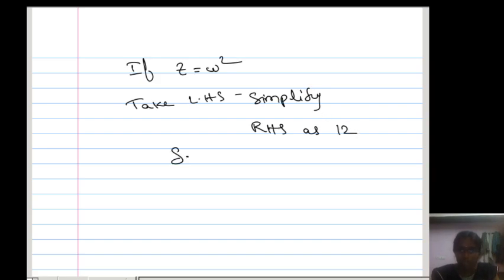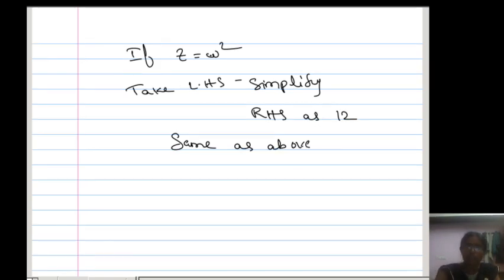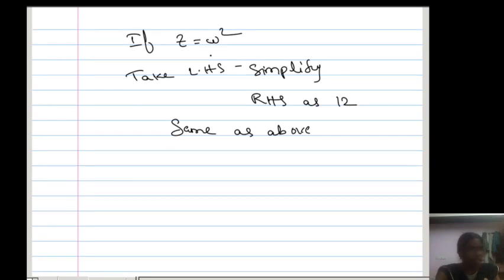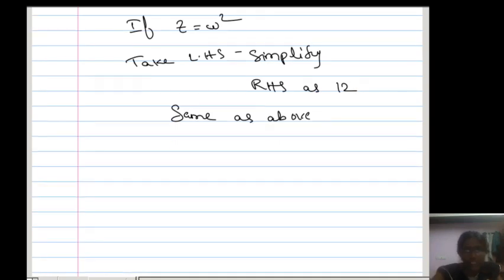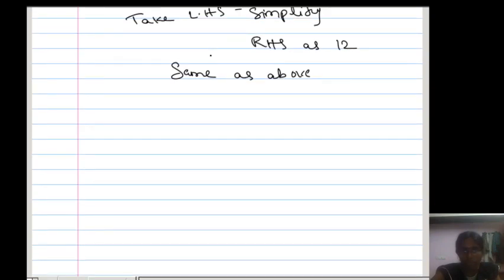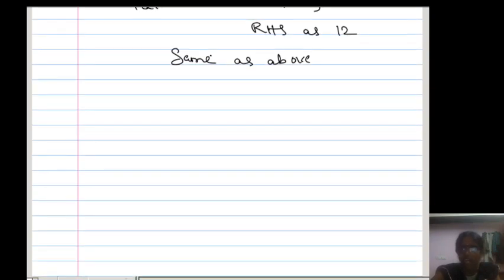Same as above. You have to do the problem same as the first case. In the case z = ω, how did we solve that? If you take z = ω², then also you are getting the same answer if you simplify using the properties. RHS you got as 12. Same like the above problem.